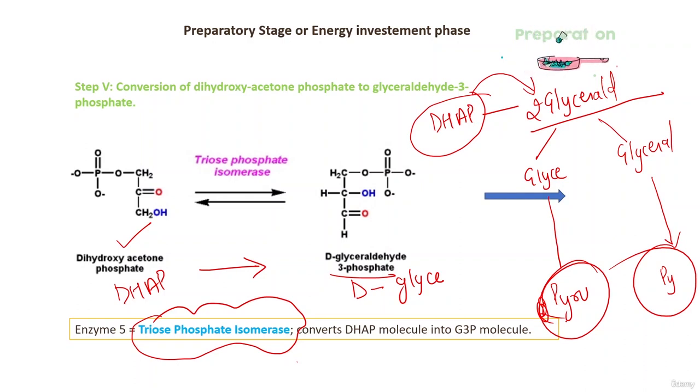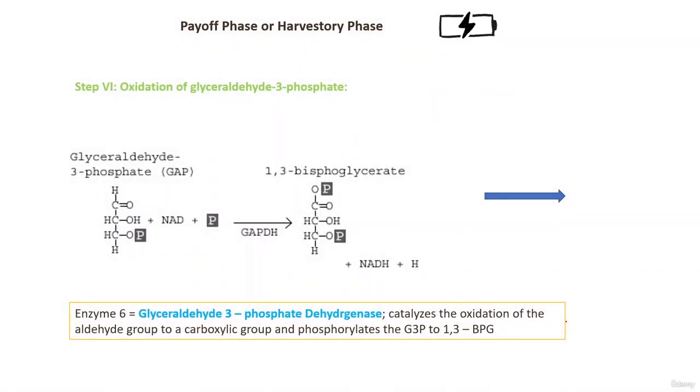Now the payoff phase begins. This is the harvesting phase, also known as the payoff phase. Here, the oxidation of glyceraldehyde 3-phosphate occurs with the help of dehydrogenase, and we are using NAD.